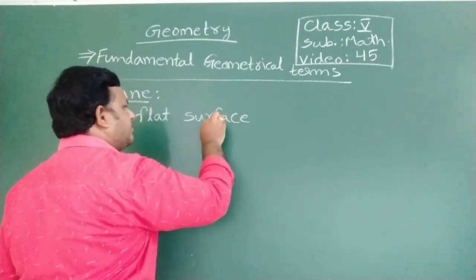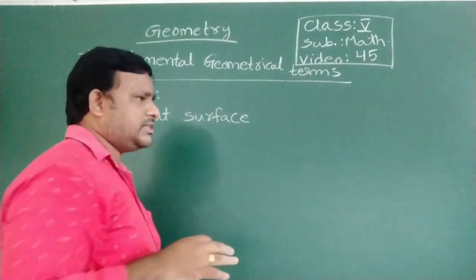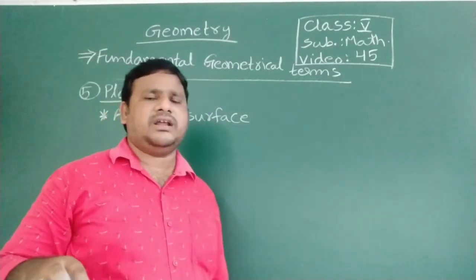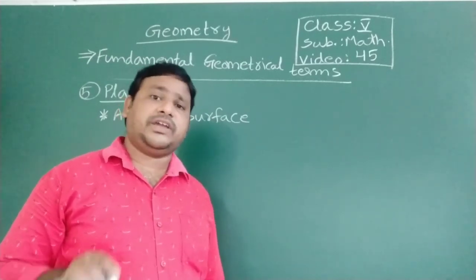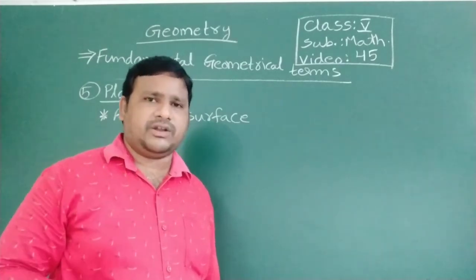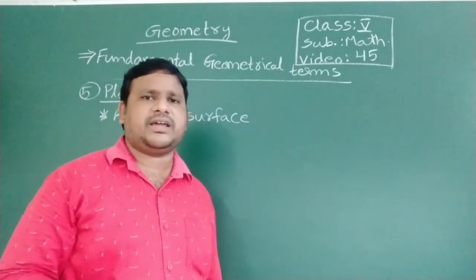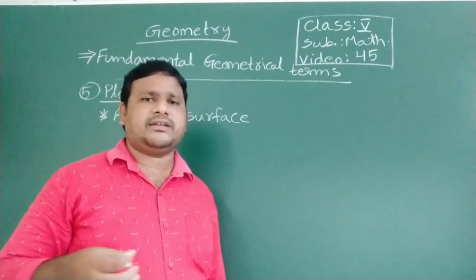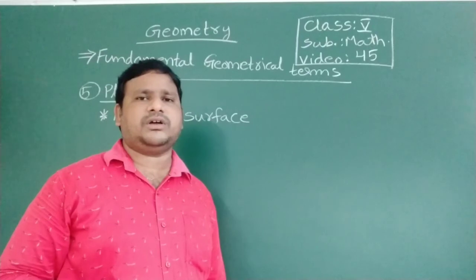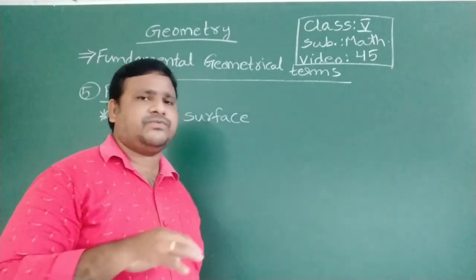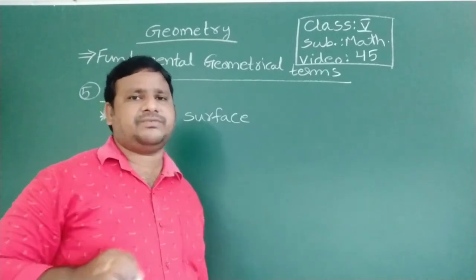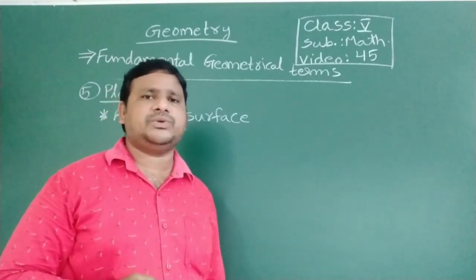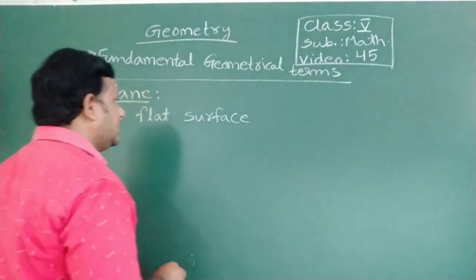If we have a surface with obstacles like ups and downs, is it possible to draw a line segment on that? No. We can mark a point, but we cannot draw the rectangle, the triangle, line segment, ray, line. These all are not possible to draw on a surface which contains ups and downs. If it is a flat surface, then it is possible to draw all those things, isn't it?